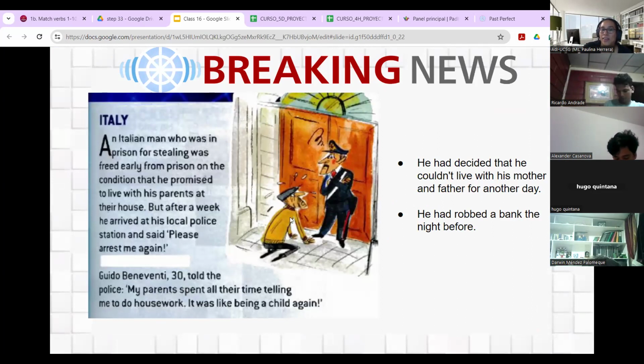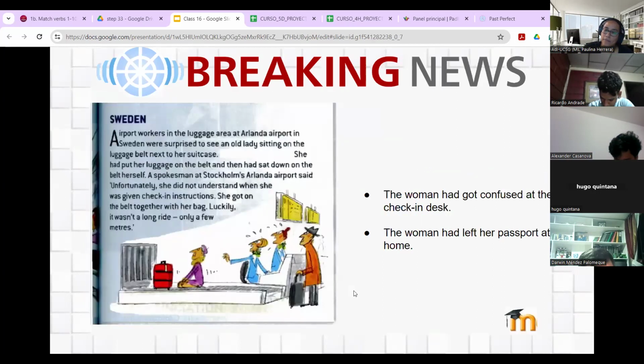That's why he went to the police station and asked them to arrest him again. Because he had decided before he went to the police station that he could not live with his parents anymore. What else? We have this story. The woman had got confused at the check-in desk.